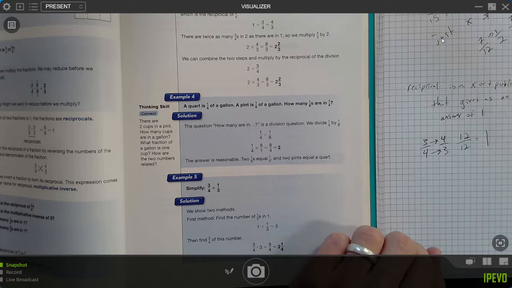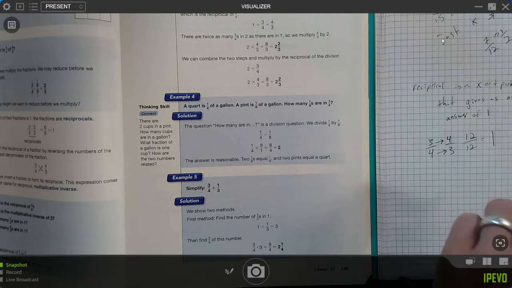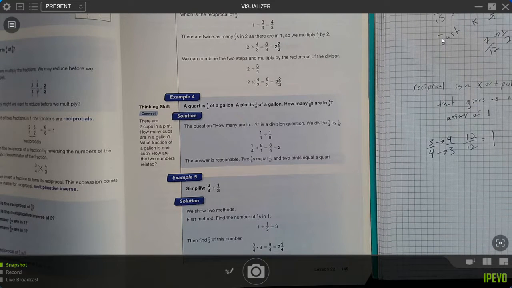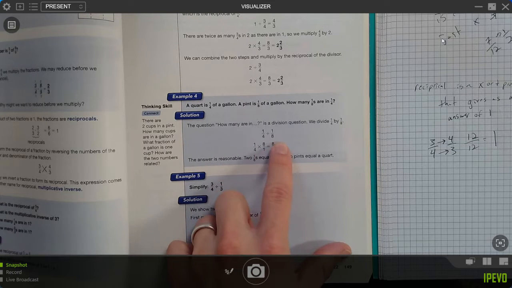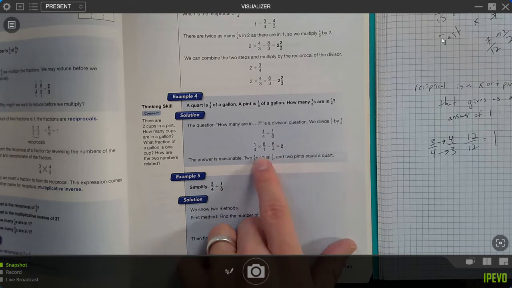Now, in order to divide the fractions, we use reciprocals. So 1/4 divided by 1/8, we use a reciprocal.